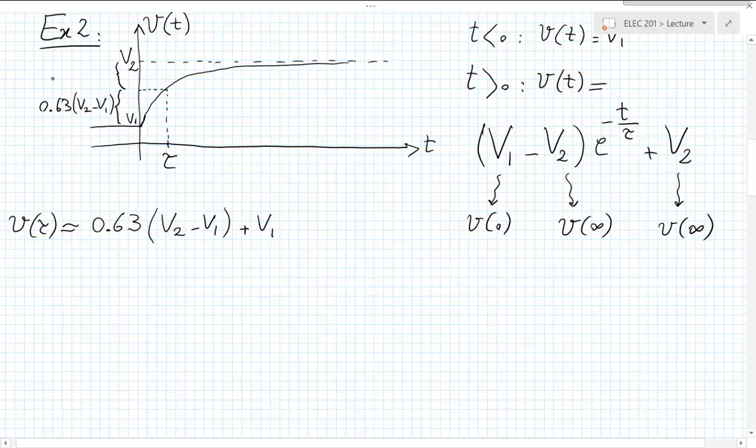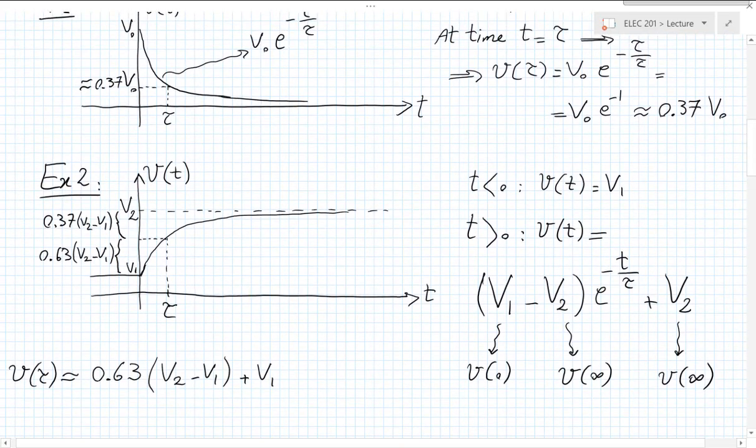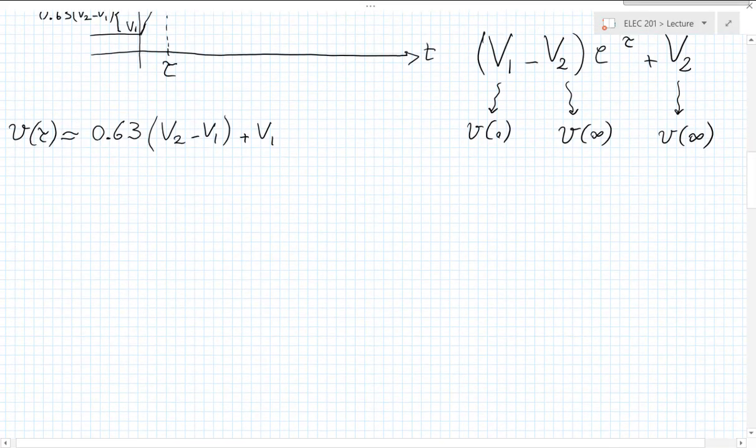Now, my drawing is not to scale, but this is the 0.37 of V2 minus V1. And the 0.63 is the lower portion there. So there's a couple of examples of time constants. Again, this number 0.37 or 0.63 is something really to memorize. And again, remember this concept of initial value and final value. You will hear about it quite frequently.